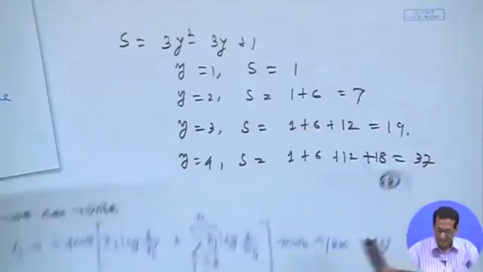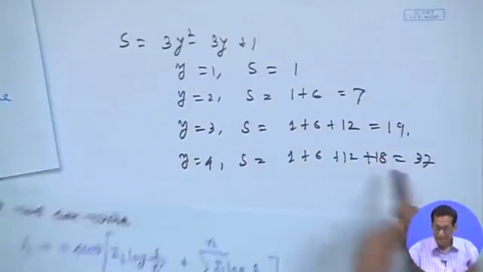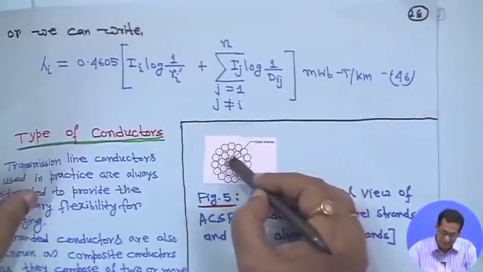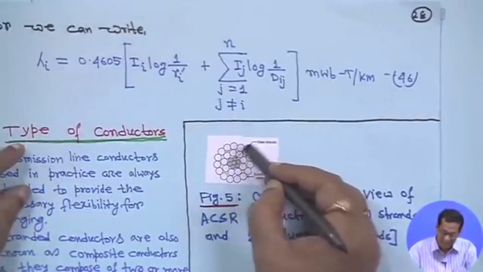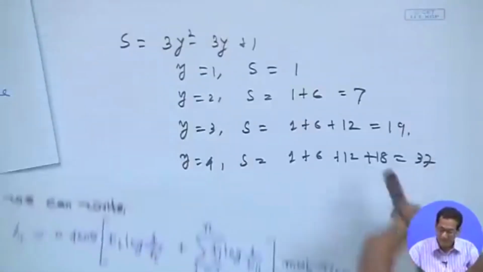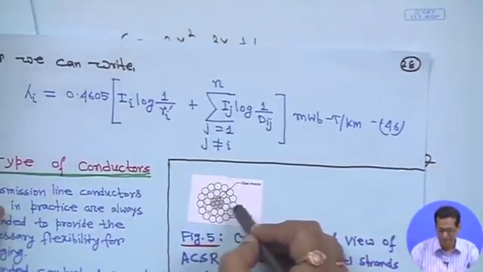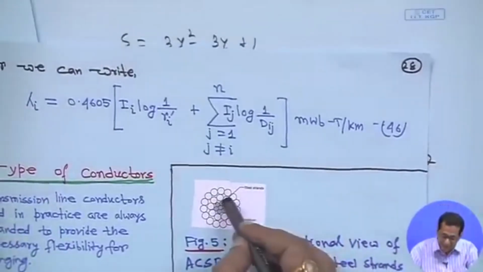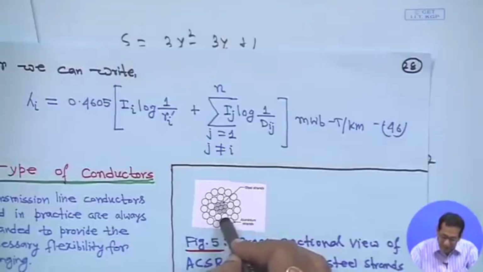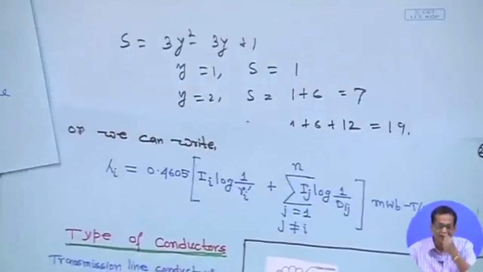And for the fourth one, there will be 18 conductors, and the last one here has 4 layers. So, the last layer will be 18 conductors, but the total will be 37. You can make it on your own. In this diagram, the counting was less than 12, it is not correct, so some drawing error is there.